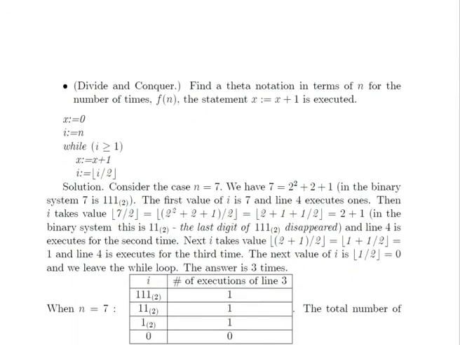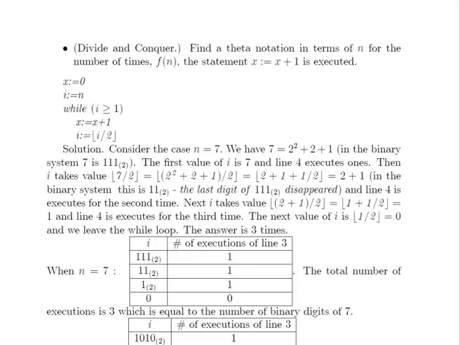The last example, divide and conquer. In this code, we have x equals 0, i equals n, while i is greater than or equal to 1, and this is the action. x takes value x plus 1, i takes value the floor of i divided by 2.